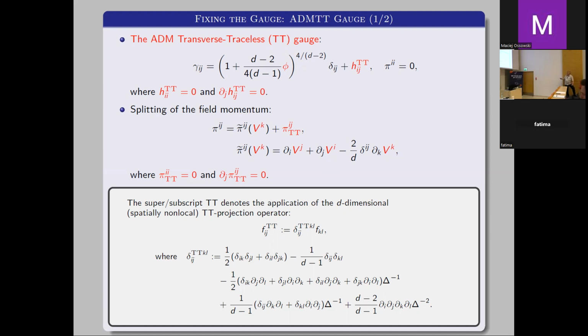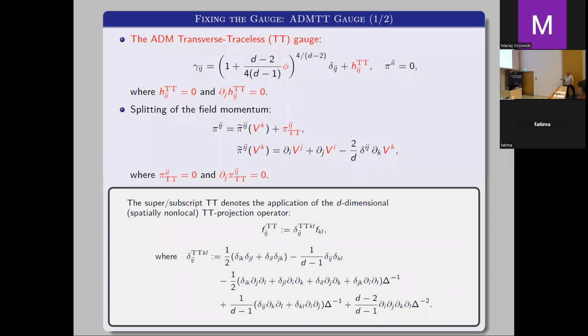And the second gauge condition is that the Euclidean trace of the field momenta vanishes. Because of this, you can split the field momenta into a longitudinal part and a TT part again. So these conditions are fulfilled also for this TT part of the field momenta.